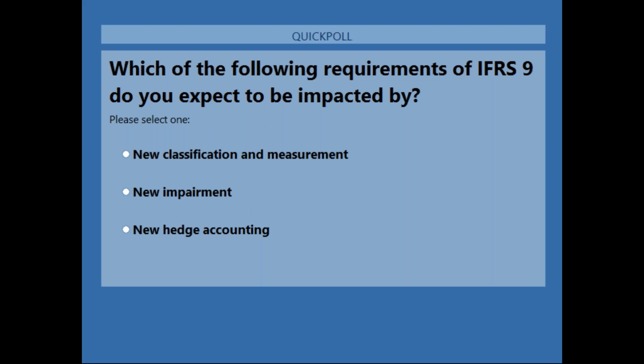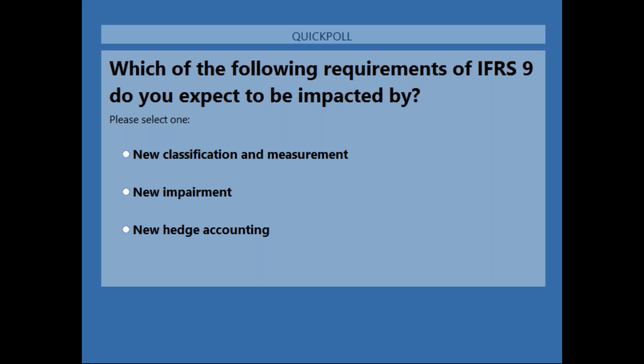And 56% of you said that you expect the biggest impact to come from classification and measurement. 35% the new impairment rules, and only 9% the new hedge accounting. Now, I've expected this, and based on this expectation, you'll see that the transitional requirements that I'm focusing on in this webinar are around transitioning classification and measurement.